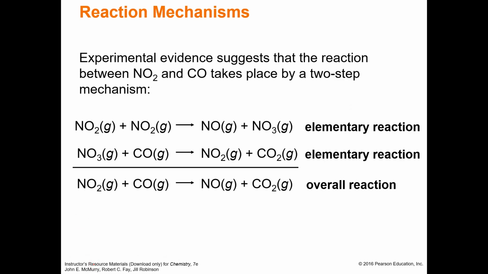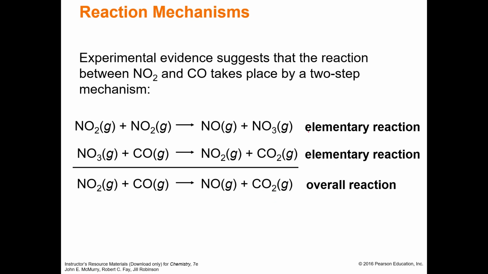For example, if we look at something like NO2 plus CO, that gives us, as our products, NO plus CO2. But the reaction doesn't actually go in those steps. It can't go straight from NO2 and carbon monoxide to nitrogen monoxide and carbon dioxide. It doesn't work like that.